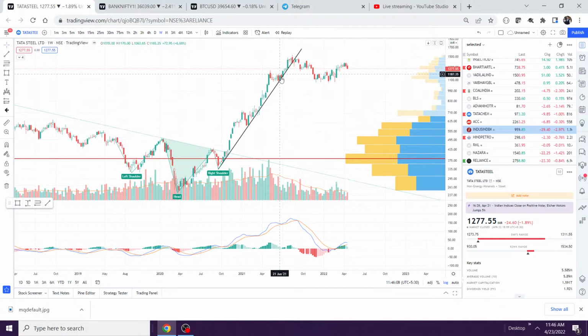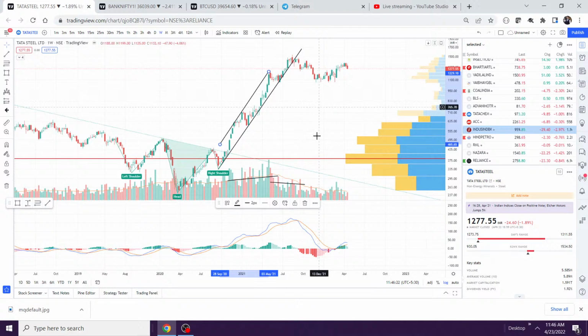You can see the volume also dropped in the fifth wave. There was a massive surge in volumes in the third wave, but in comparison, in the fifth wave there is very little volume, because large institutions are not participating in this move, and only retailers are participating in this.